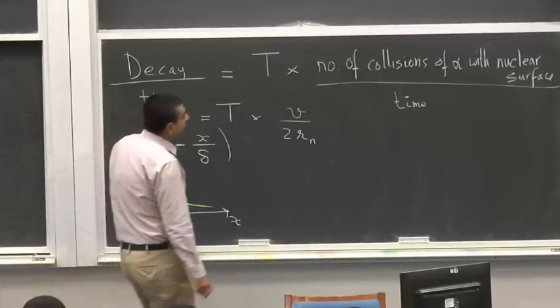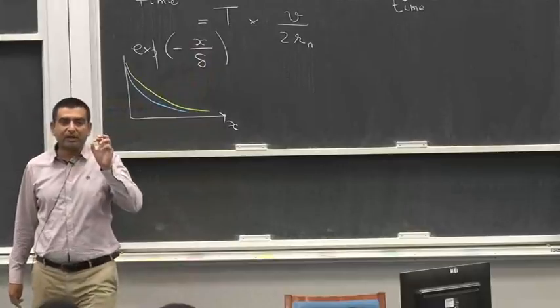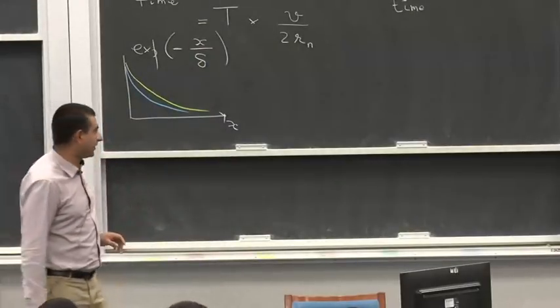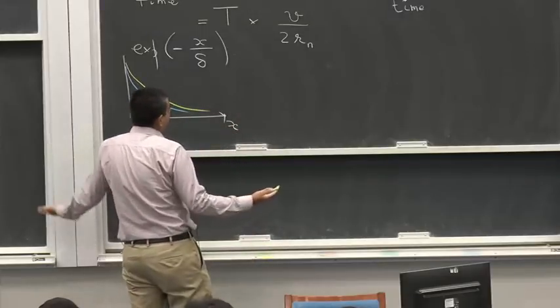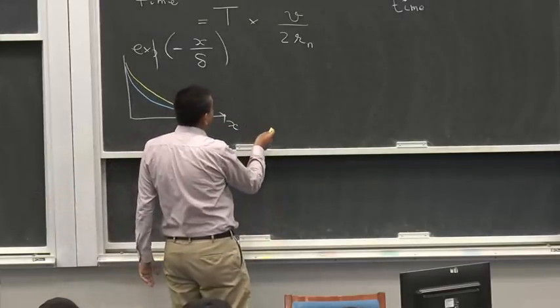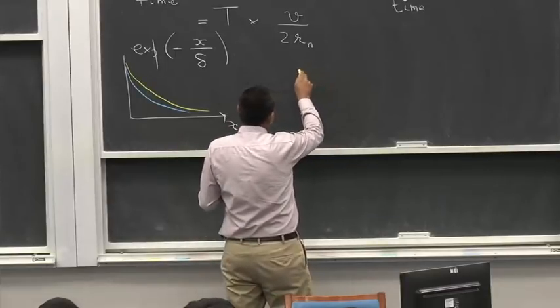Alright, so let's look at more examples of tunneling. And then I'll talk about a nice electronic example of tunneling as well. In the optical regime, we can also have tunneling, and let me first show you what it looks like.